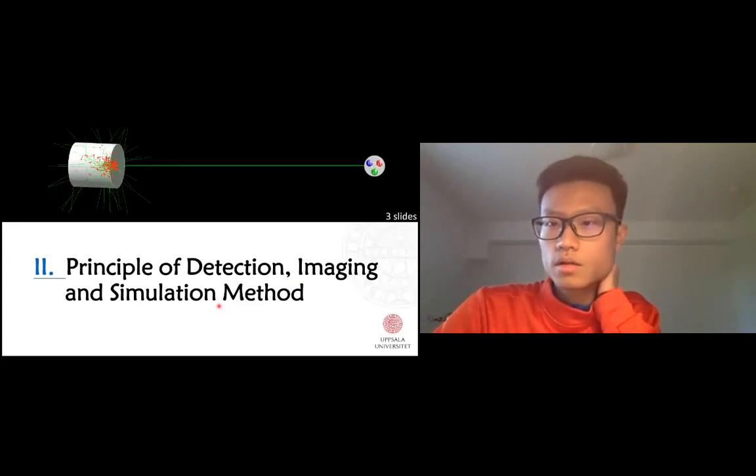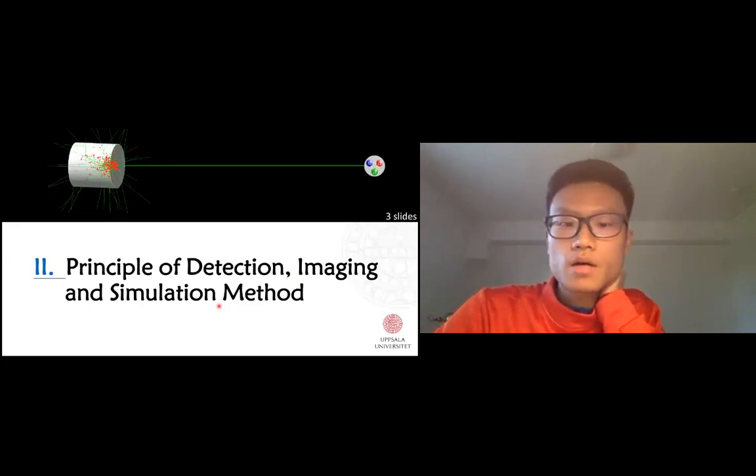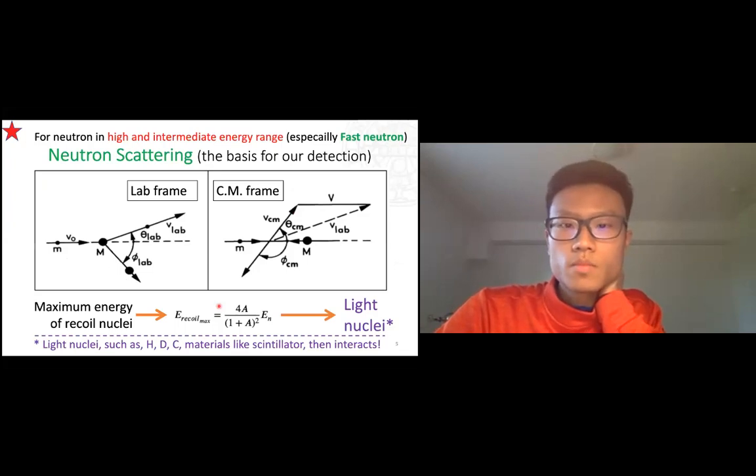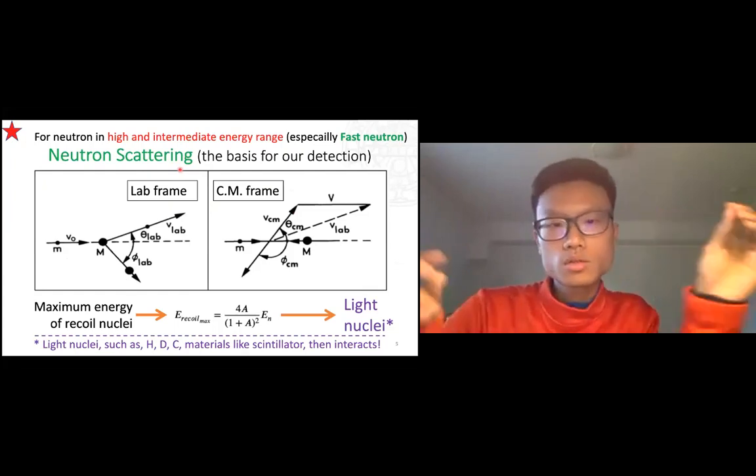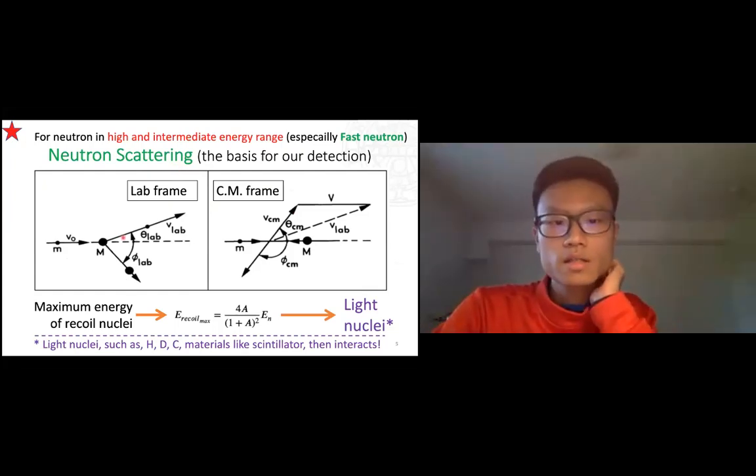Let's look at a little bit of the basic principle. As I said, neutron interaction with matter mainly depends on its energy. In our energy range, especially for fast neutrons, it is mainly neutron scattering, which means the neutron goes inside the atomic nuclei and collides with the nuclei.